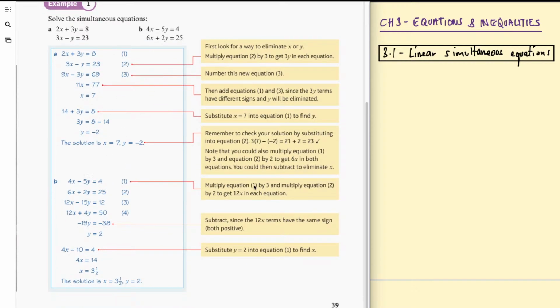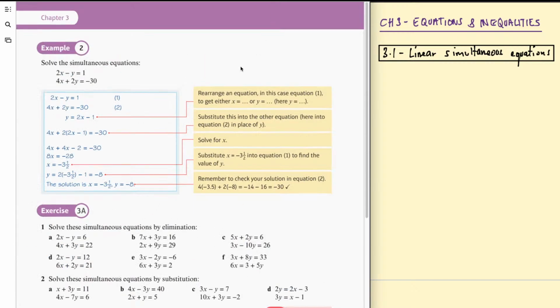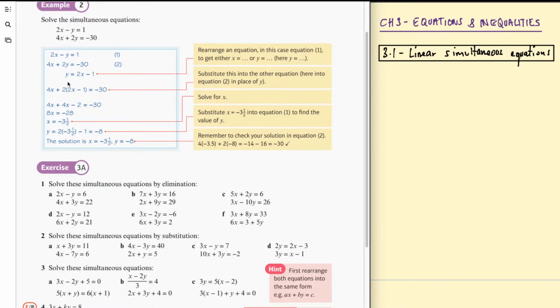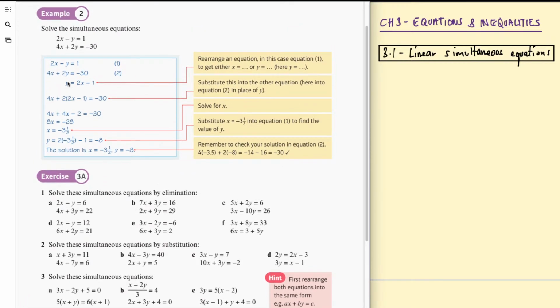The second one here, they multiply equation 1 by 3 and equation 2 by 2 to get 12x in each equation, and solve for y, and then solve for x. Another example here: they've rearranged the equation in terms of y and then plugged it into the second equation. So that's another way of solving these.